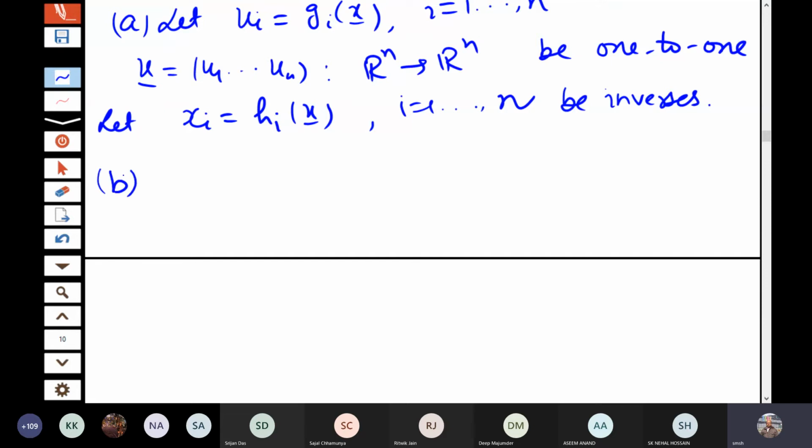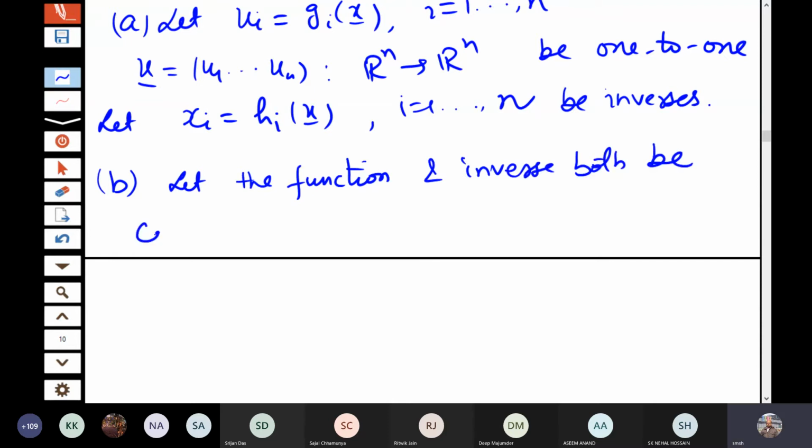We assume the continuity of the function and its inverse; let both be continuous.